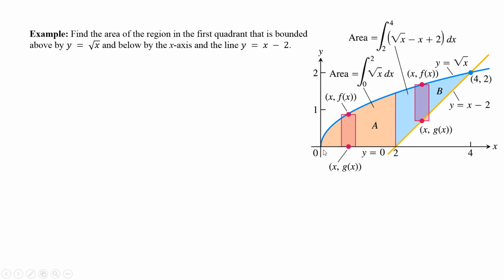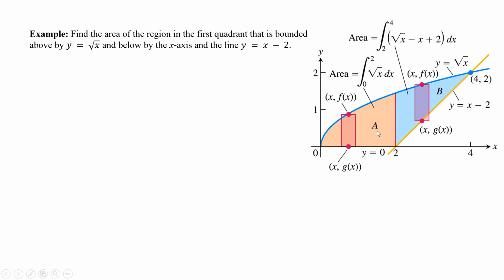See, in this region from 0 to 2, it is bounded below by the x-axis, that is y is equal to 0, and from 2 onwards it is bounded below by the line y is equal to x minus 2. So it is very important for us to determine the limits, to draw both the curves. It will make your life easier if you draw both the curves.